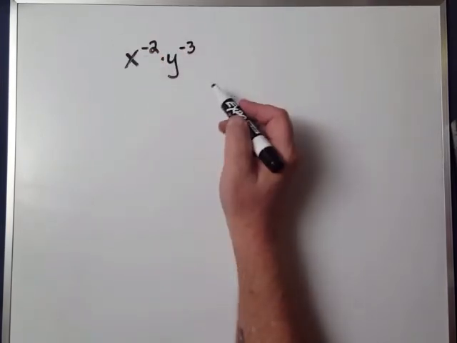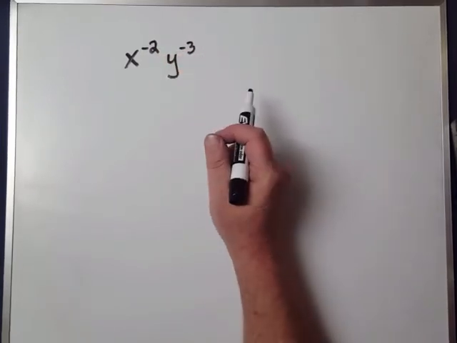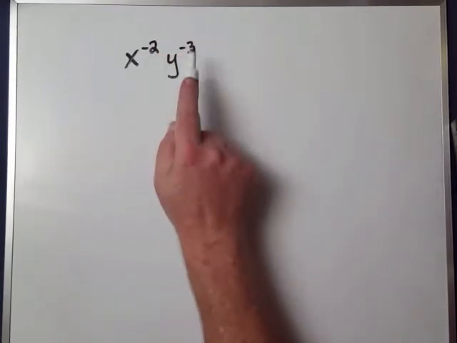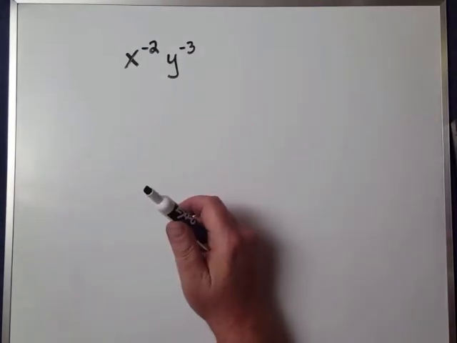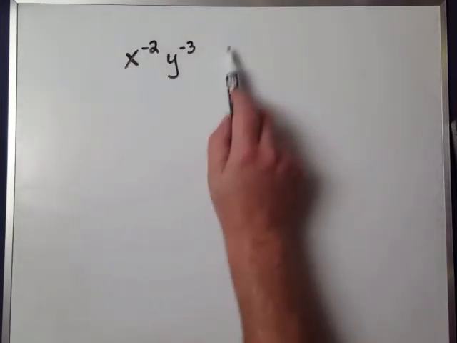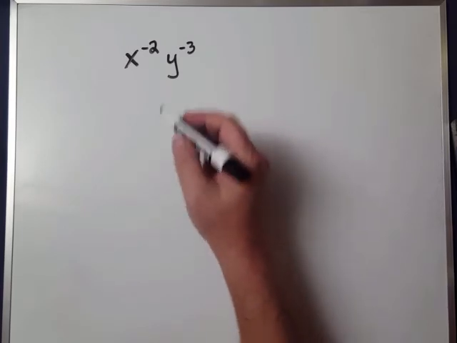How many terms are here? Terms are separated by pluses and minuses. Unless those pluses or minuses are buried in parentheses, we're not talking about pluses and minuses in exponents. Terms are members of addition and subtraction. There is one term here. This is a single term. It is a single product.